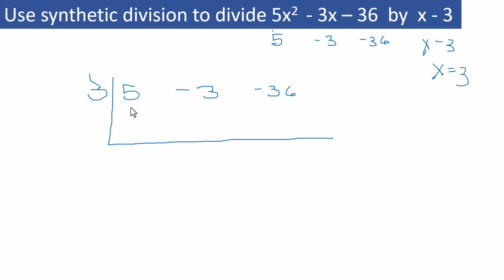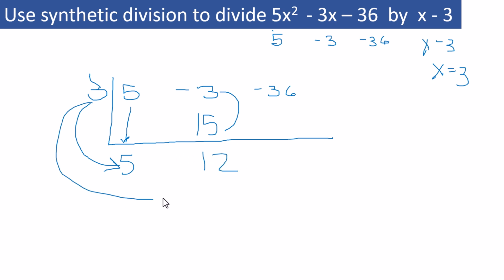Bring down the first term, and then start your process of multiplying. 3 times 5 is 15, and then adding. Negative 3 plus positive 15 is positive 12. Repeat that step. Multiply 12 times 3 and get positive 36. And when you add that, you get 0.